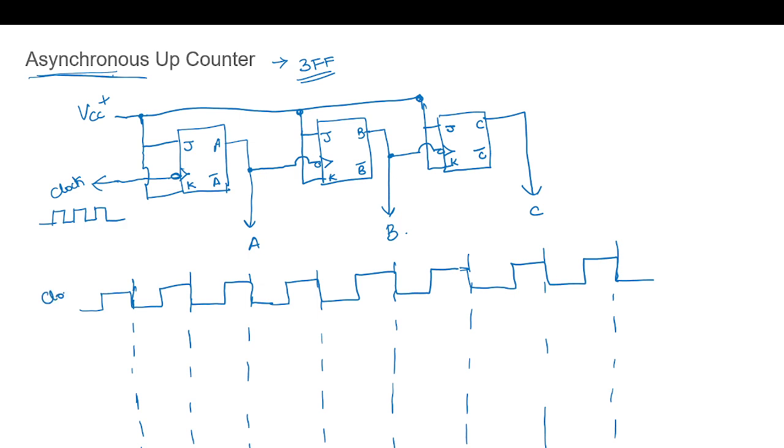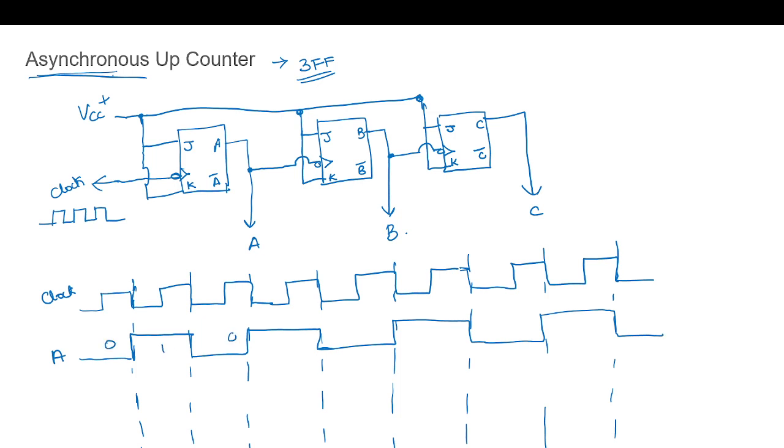So this is the clock. The A flip-flop will toggle every clock, so it will be 0 1 0 1 0 1 0 1.